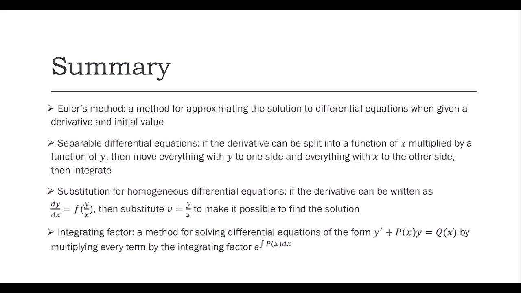For substitution for homogeneous differential equations, if the derivative can be written as dy dx equals f of y over x, then you substitute v equals y over x to make it possible to find the solution. And an integrating factor is a method for solving differential equations in the form of y prime plus p of x times y equals q of x by multiplying every term by the integrating factor e to the integral of p of x dx.